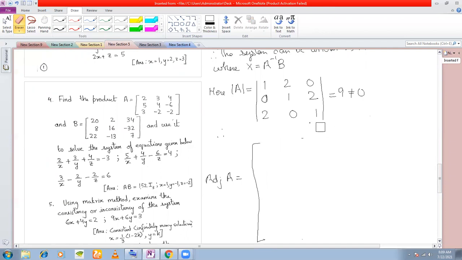We are actually calculating the solution. So that means the system has a unique solution. So now we shall form the adjoint.